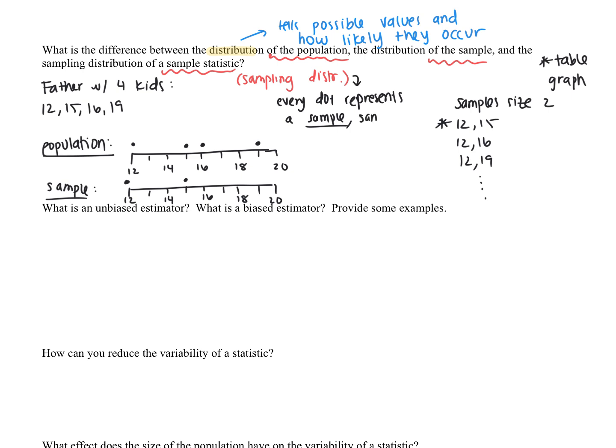And it's the same statistic for each sample. So I'm not going to redraw them because you have them on the previous page. But the big difference is every dot is an entire sample.